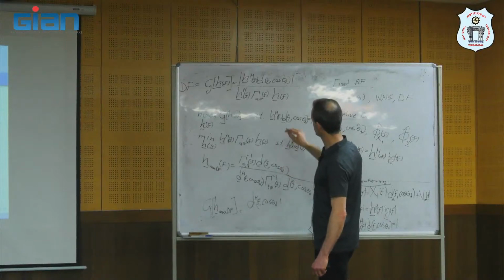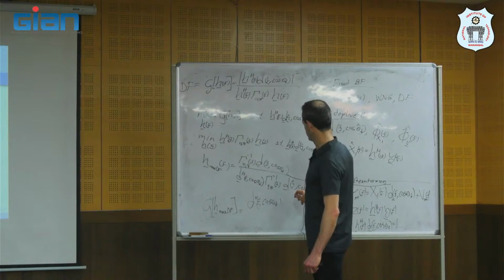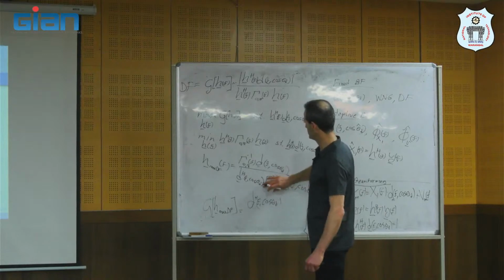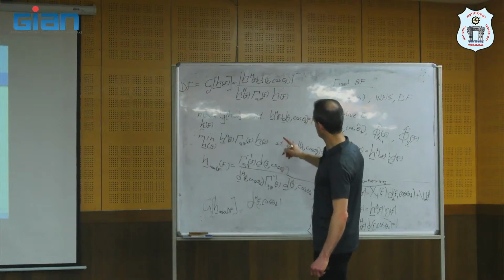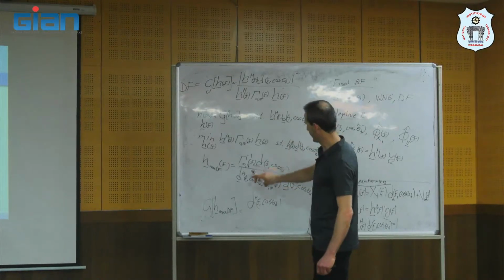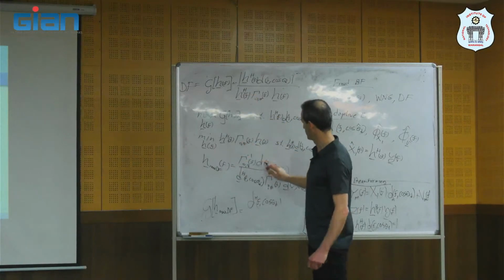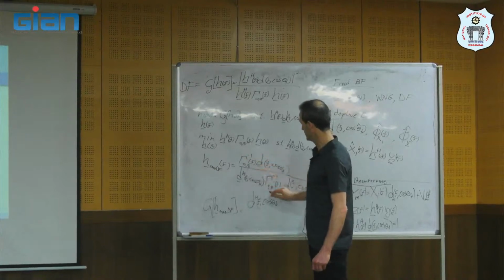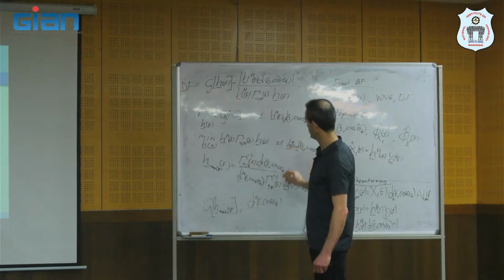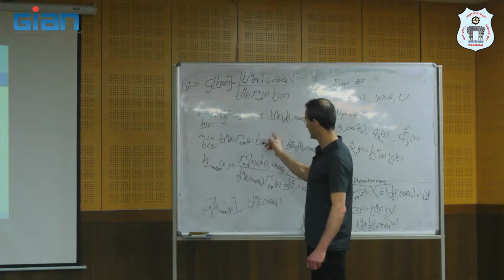I multiply it with gamma, d h, with 1 over this, and with h transpose conjugate. This is a symmetric matrix, I multiply it with this, and then it cancels out.